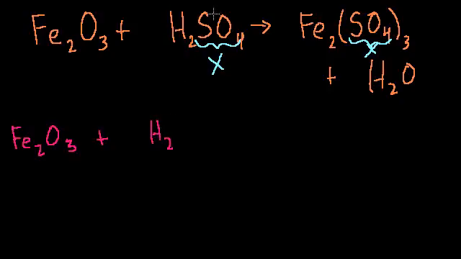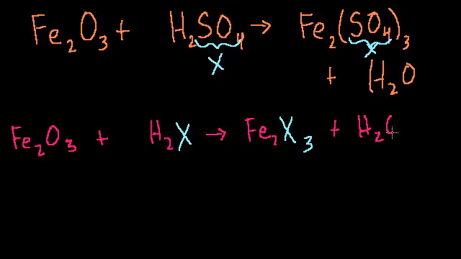There's only one sulfate group here, so H2, I'll do it in this X, that yields iron, 2 irons, this molecule with 2 irons, and it has 3 of these sulfate groups, and then plus water. All I did is replace the sulfate with an X, and now we can treat that X like an atom, and we can just balance the equation.